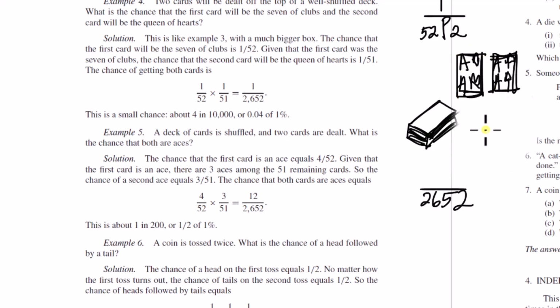So, if we're going to list all these out, we've got 4 aces to choose from, and we're choosing 2 where order matters. That's the total number of successful outcomes. So what is 4P2? That's 4 factorial over 2 factorial. That's 4 times 3, 12.